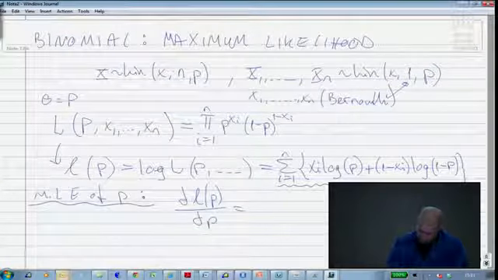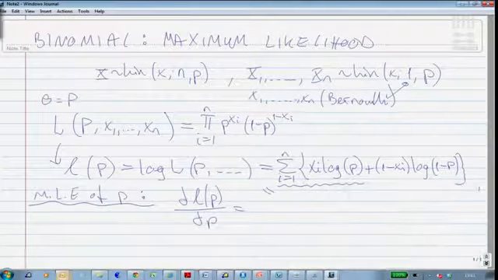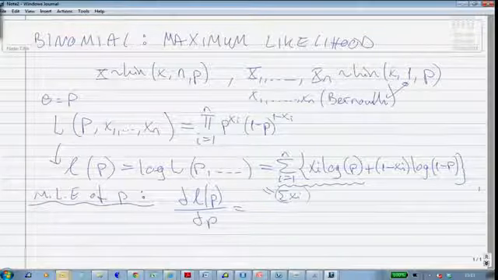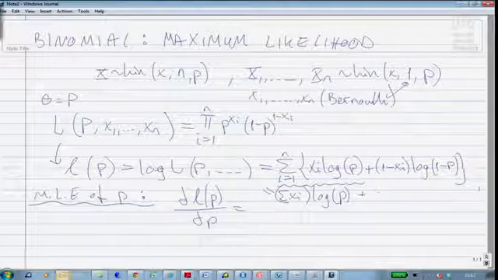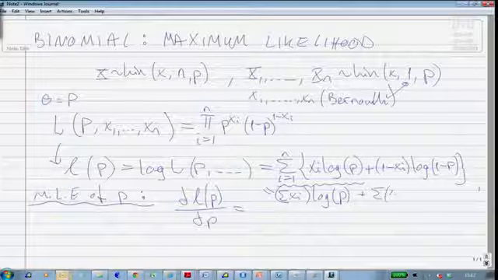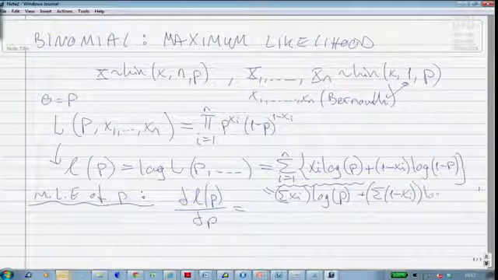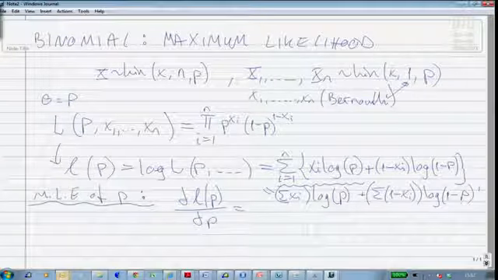So in a way, I could take the sum inside first. Then the first term basically is the sum of xi times log p, and the second term is the sum of 1 minus xi times log 1 minus p. That is simplifying the log likelihood function a little bit.